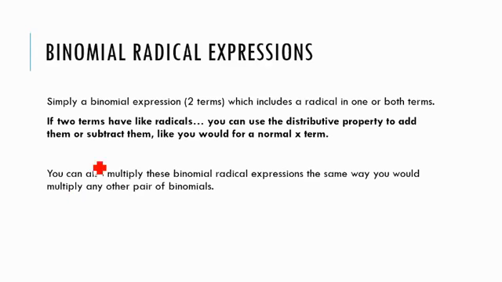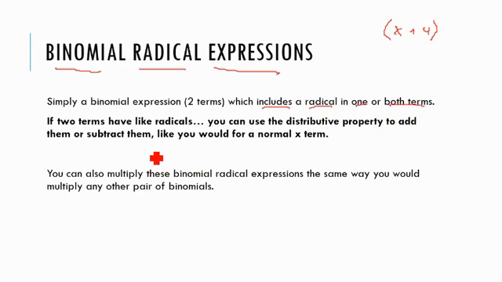So simply, a binomial radical expression is just a binomial expression, two terms, just like x plus 4, that's a binomial. Only a binomial radical expression means that it includes a radical in either term or both terms.